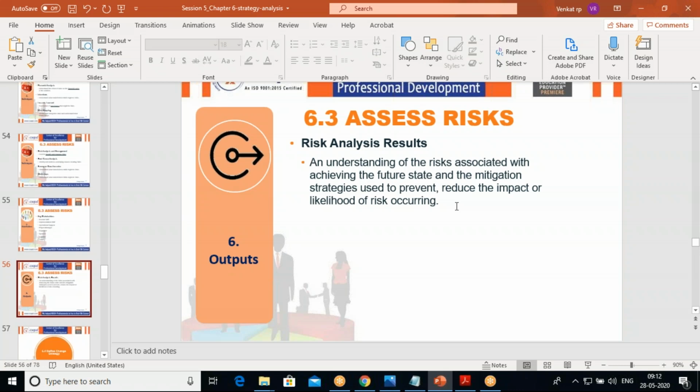Another risk is that a single candidate can be projected to multiple interviews. If he's selected in all the interviews, say in four companies, he will accept only one, and the rest of the three companies, we are losing a prospective candidate.